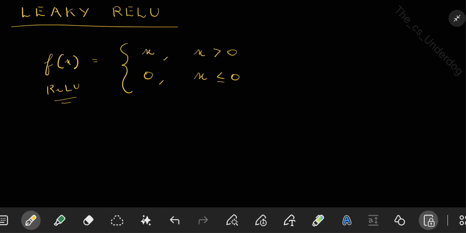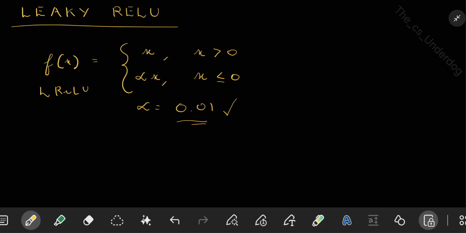So in leaky ReLU, instead of the 0, I'll write it as alpha into x, where alpha will be a fixed constant, and I'll fix it to a very small value. The most common value used for alpha is 0.01. According to your scenario, you may have to change this. You may have to use whichever value is most suitable.